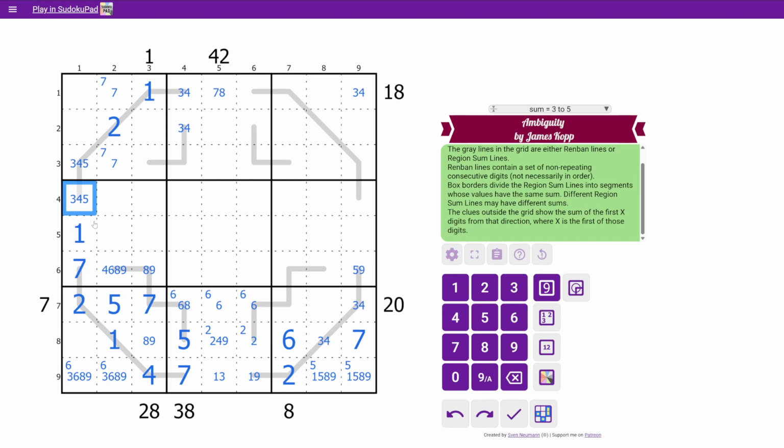So this 6 or no 8 and 9. Well, there's nothing that's not on this line that's not a possibility here, other than a 2. A 2 goes here. Alright. I'll take it.